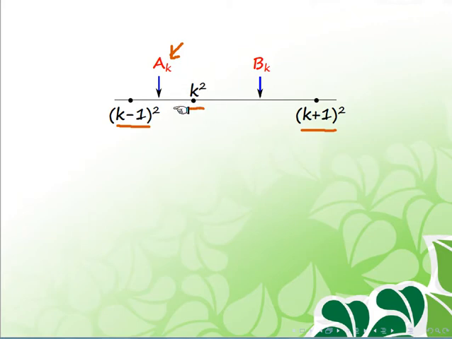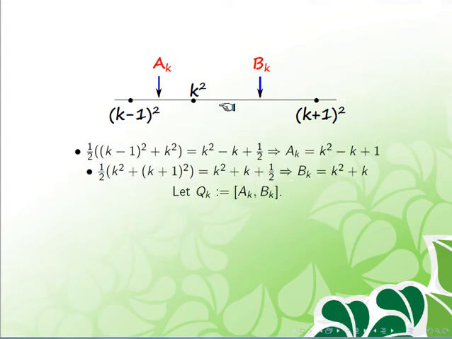The squarish integer to the right of k squared is closer to k squared than the one to the left, and if it is a squarish integer, it should be closer to k squared than k minus 1 squared. So for a given k squared, we're going to count how many squarish integers there are to the left and to the right.